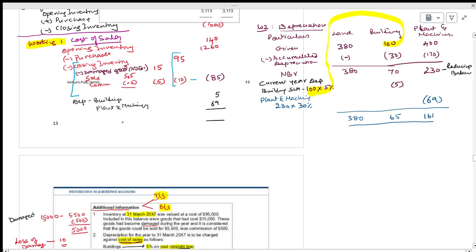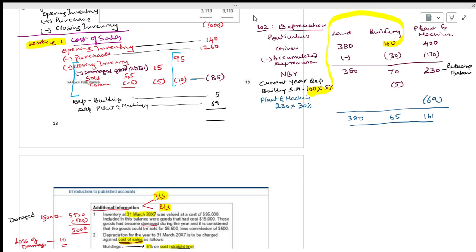140 plus 1260. See, 140 is opening inventory. Purchases is how much? 1260. Closing inventory is how much? Minus closing stock 85. Then depreciation on buildings is how much? 5. Then plant and machinery depreciation is how much? 69.